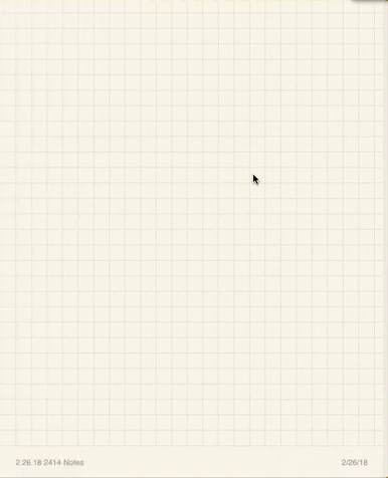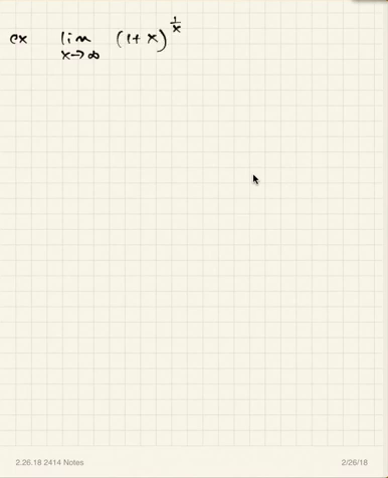All right, we have one last problem that we're going to look at here before we close this down for the night. Now let's say we have the limit as x goes to infinity of (1 plus x) to the 1 over x. Now, if you look at the little pieces in there, the limit as x goes to infinity of 1 plus x, if x is getting large, well, that just goes to infinity.